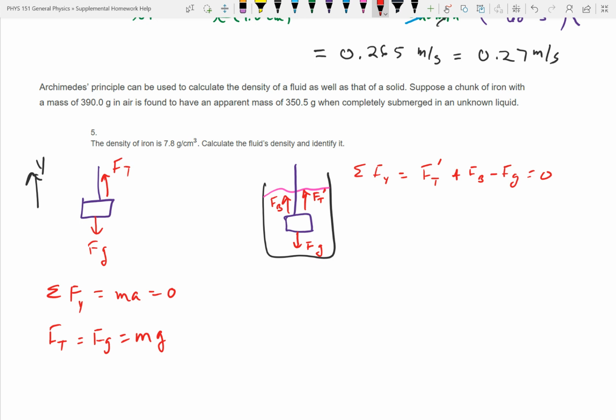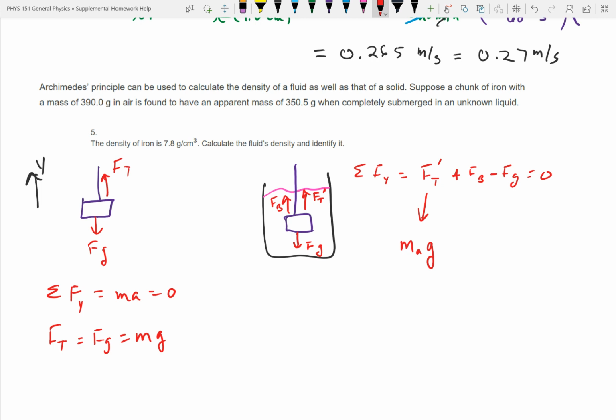And now we look at what we know. We know that the force of tension prime is the apparent mass times g. How do I know it's the apparent mass times g? Because that's what it means for the apparent mass. That's how much it appears when I put it on a scale in the fluid.